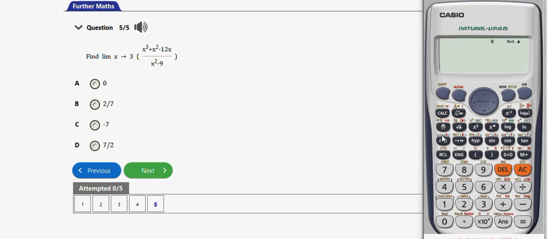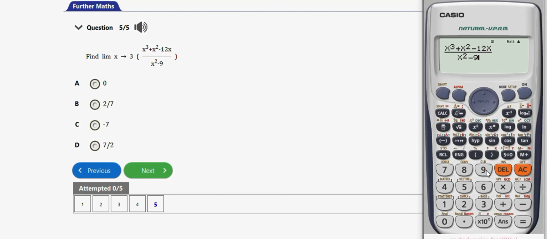So let's input the value of the function. We have x cubed, make use of the power function. Put 3 here, then come down, we have plus x squared minus 12x, over x squared minus 9.